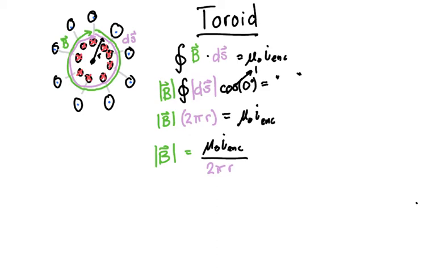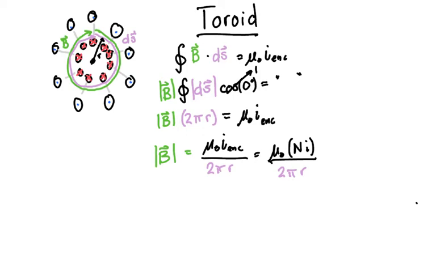So I can say that it is the number of loops times the current in each loop divided by 2 pi r.